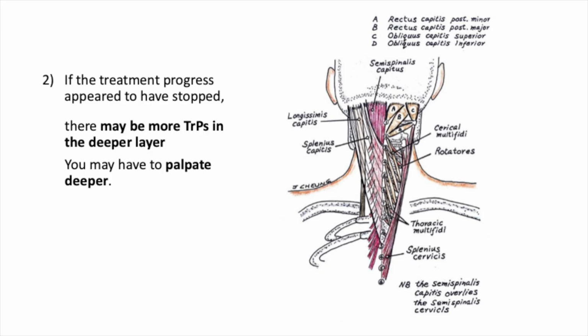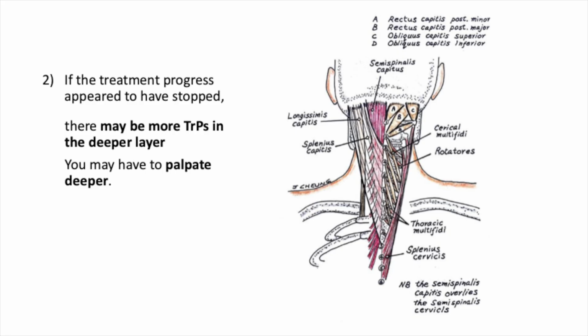Again, if you're getting good response and then the treatment progress appears to have stopped, consider that you may have eradicated a trigger point on a more superficial muscle layer, but there may be more trigger points in the deeper layer. For example, you may have eradicated a trigger point in the semispinalis capitis, but there is another trigger point underneath it, in the suboccipital muscles.